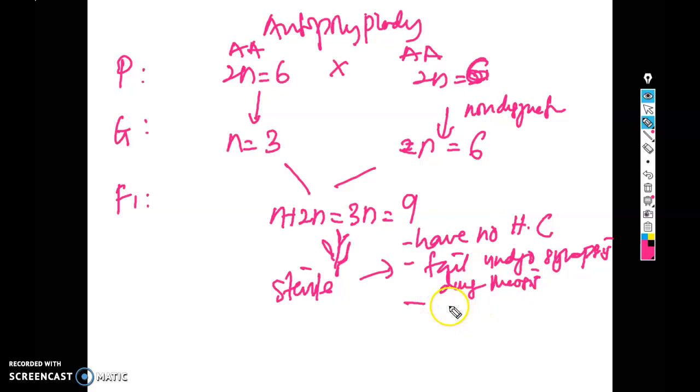That means they fail to produce gametes. Because of that, we call this individual, this plant, sterile.